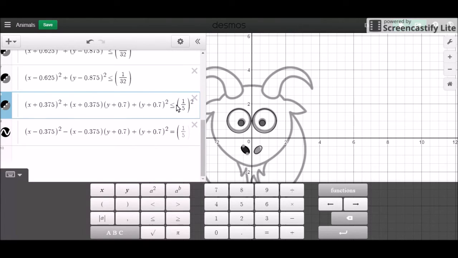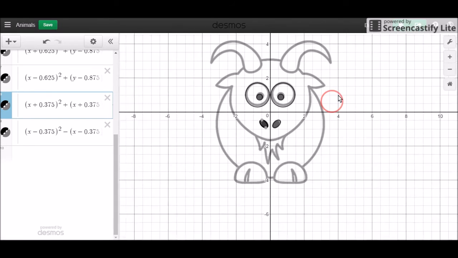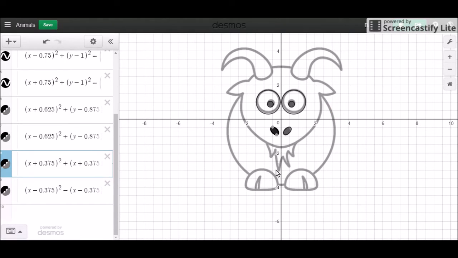This we want to fill in, so we're going to make this a less than or equal to, instead of just a plain equal to. All right, so those are all of its facial features that we need. And then the next thing that we can do, we can do its feet next.